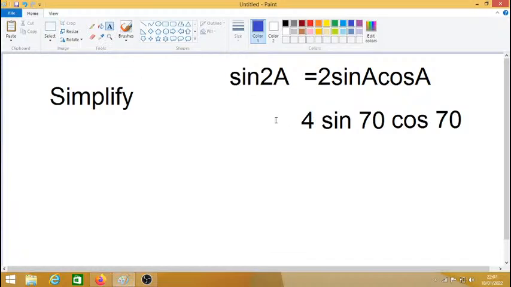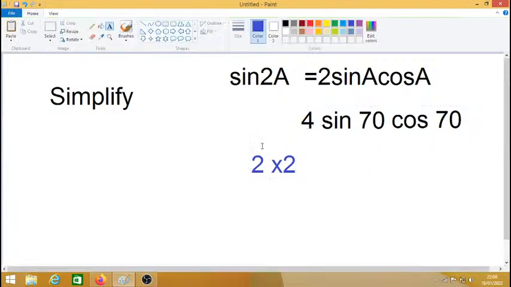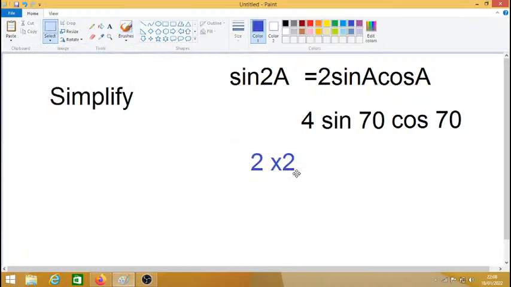If I change the 4 to a 2 times 2, the 4 is really 2 times 2, and that can be written in brackets if you want. So let's just replace the 4 with 2 times 2. Now I've got the 2 matching, so I can put brackets here and here, and the times sign again can disappear.